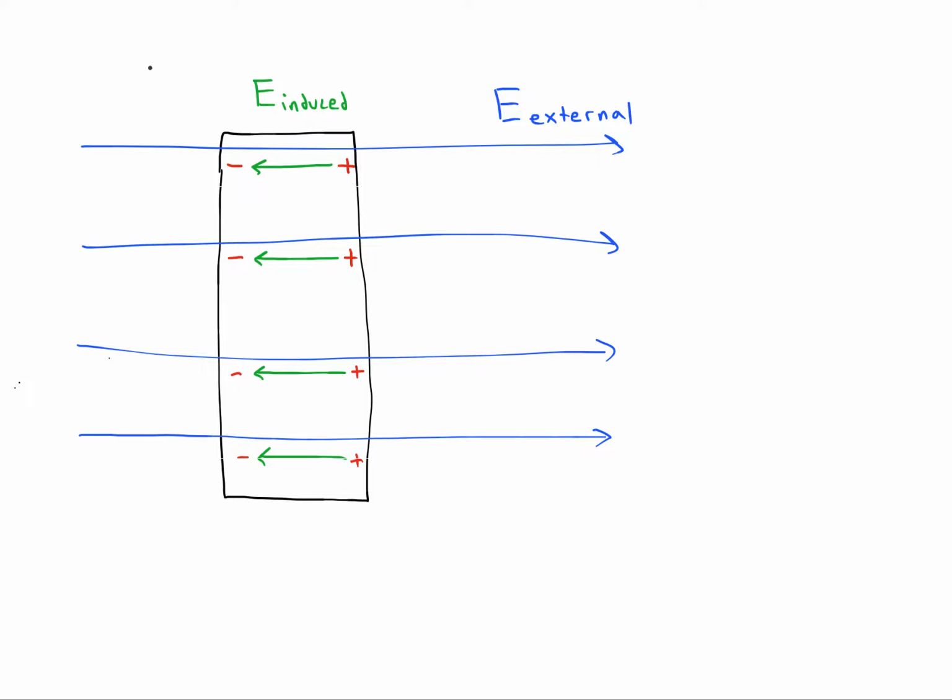By superposition, since we have one electric field pointing to the left and one pointing to the right, they will actually cancel out. The external magnitude of electric field is 75,000 newtons per coulomb. So the way that the charges rearrange inside makes an internal electric field of also 75,000 newtons per coulomb.